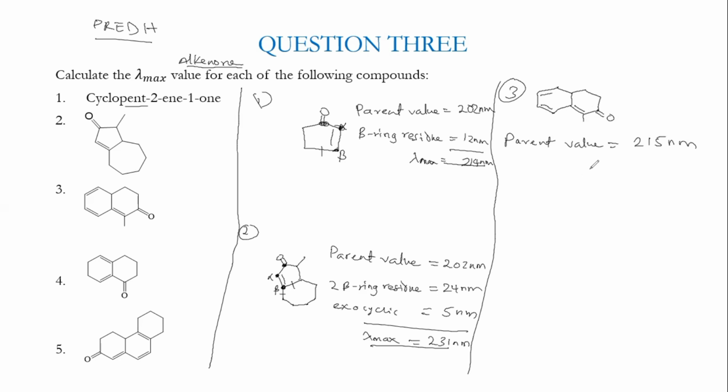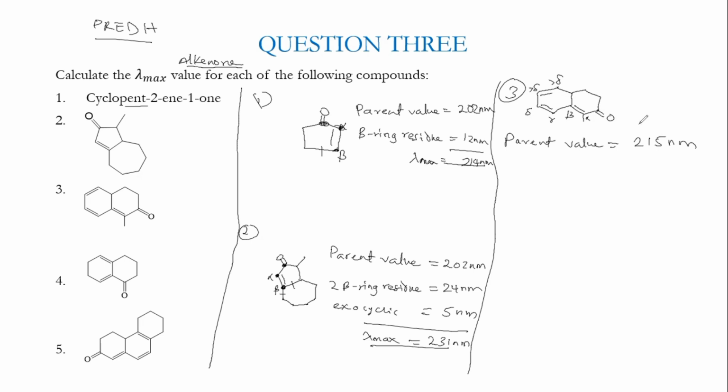Now, let's talk about the ring residue. Here is the alpha, alpha to this major functional group of higher priority. Here is beta. Here is gamma. Here is delta. And this one is greater than delta.